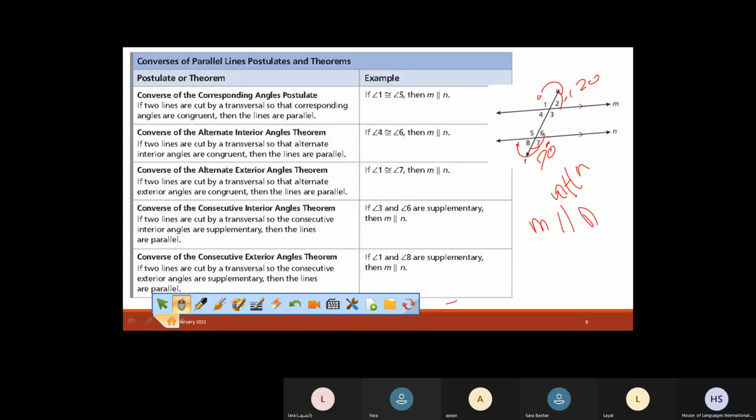Supplementary means 180. Maybe if it comes out 180, it means it's parallel. Exactly, it can be not parallel if it's not 180.